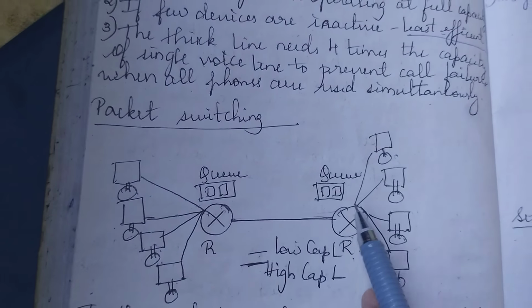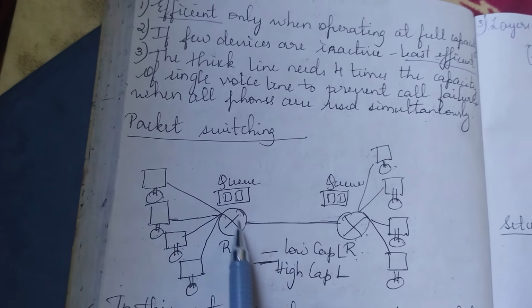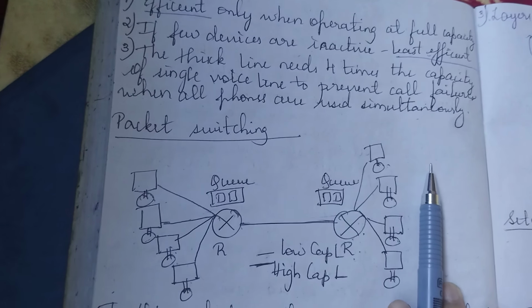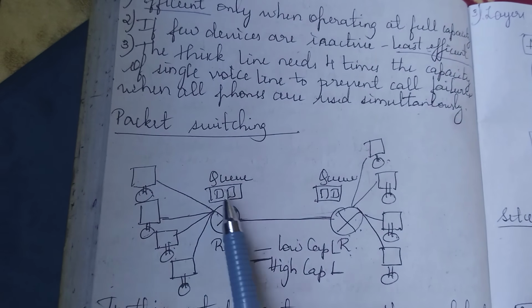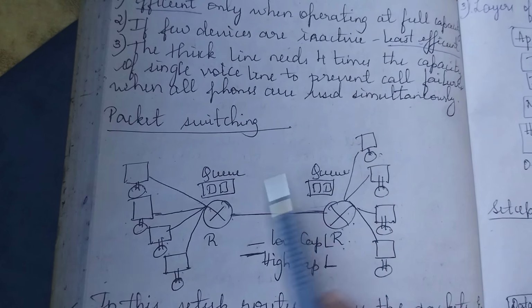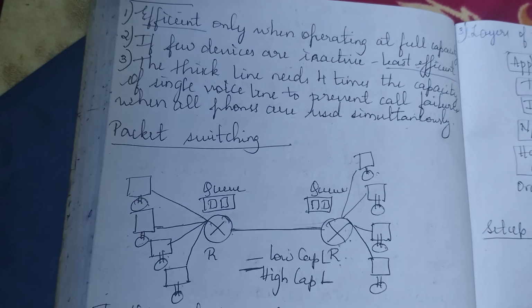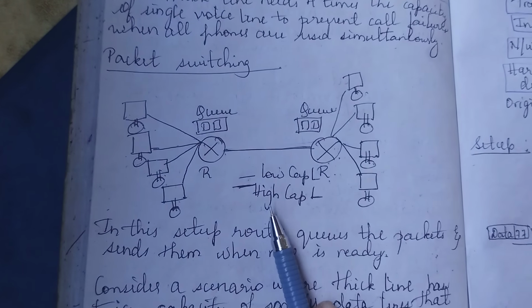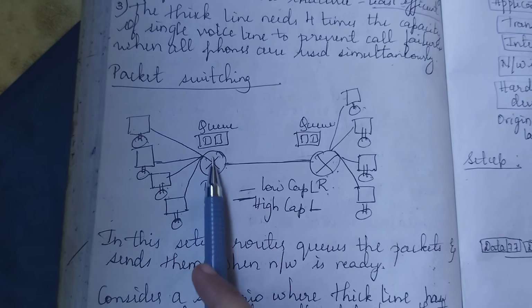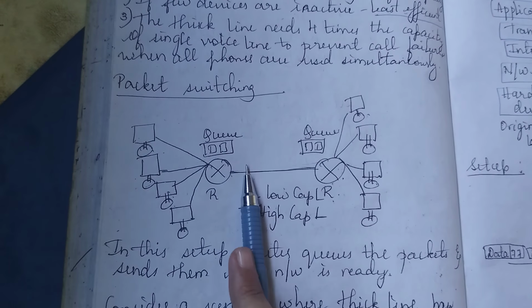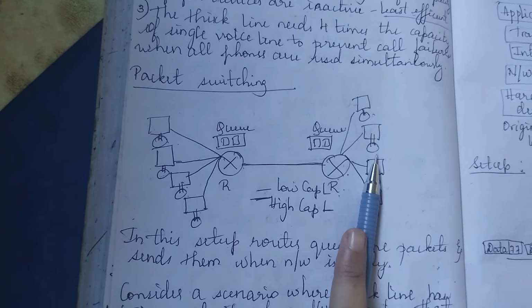Now, if I want to send one message from this computer to another computer, I'll take the help of a router. The router cannot send all messages at once, so there is a concept of a queue. Now, by looking at the diagram, whatever data you can, you write. Like in this setup, we can see the router which queues the packets while sharing those packets. A packet is nothing but the data content.